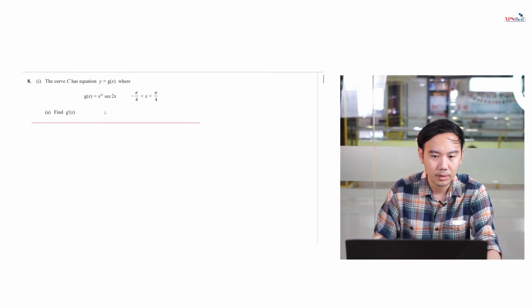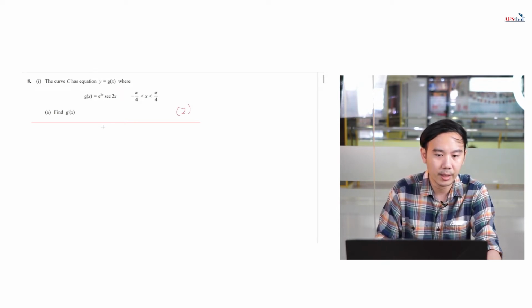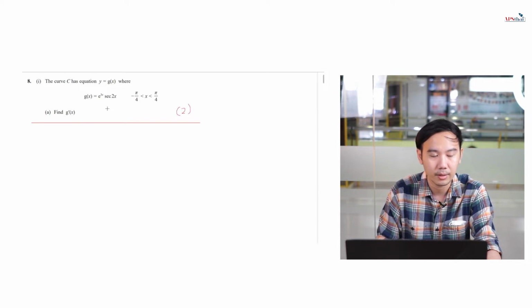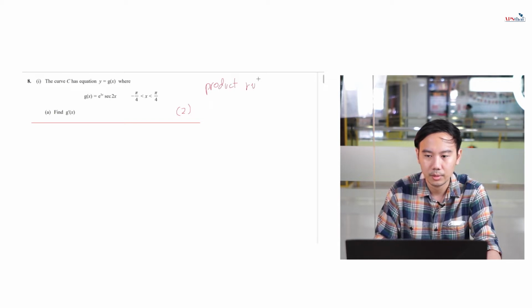Since this question, if anyone forgot, is 2 points, it will not be that complicated because it just asks you to simply differentiate this function, and in order to do that you only need two things. It's the product rule, and within these functions you also need to know the chain rule.